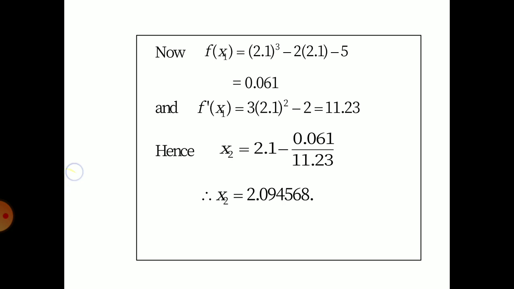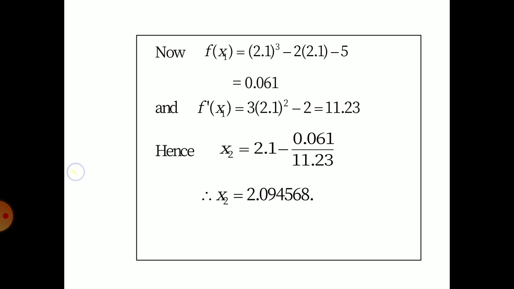11.23, and therefore the second approximation x2 equals x1 minus f of x1 divided by f dash of x1, and as we know, x1 is 2.1, f of x1 is 0.061, divided by f dash of x1, which is 11.23.